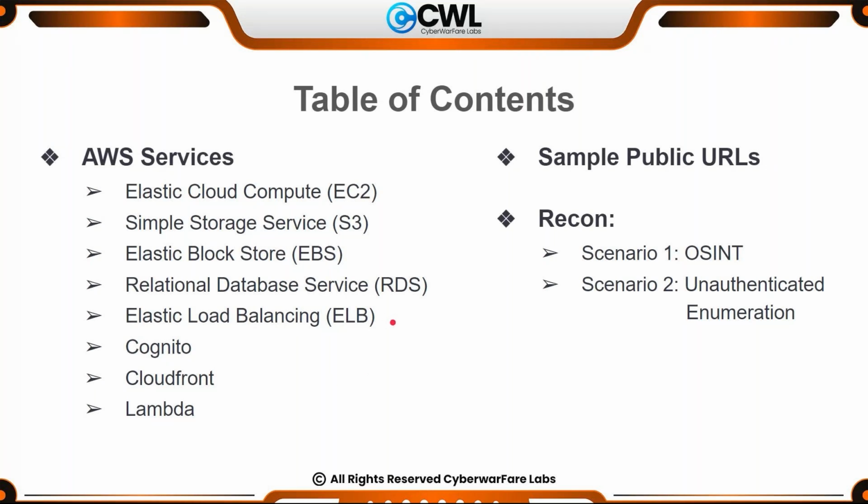The public URLs typically have common structures with slight variations in their fields. Finally, we delve into our reconnaissance part, where we learn techniques to gather information and perform reconnaissance on AWS services. We have also allocated time for Q&A session at the end of the webinar. If you have any queries or questions, please feel free to ask.